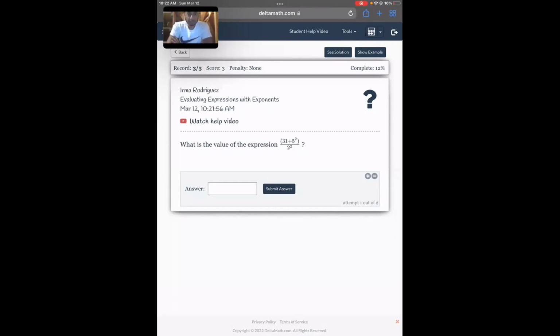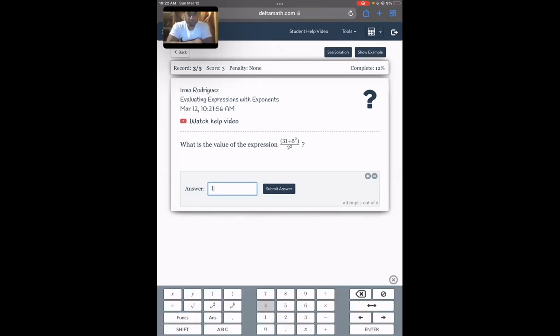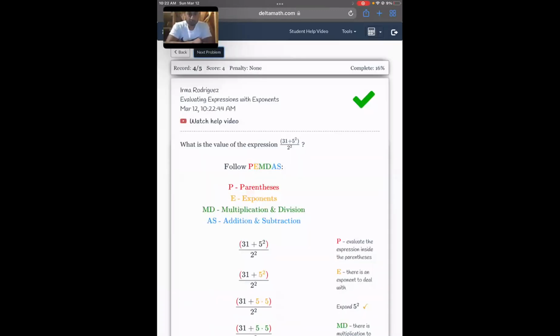And then 56 over 4. What's 56 divided by 4? 14. Yep. Type in 14. So do you get the idea of what we're doing? We're just multiplying the exponents.